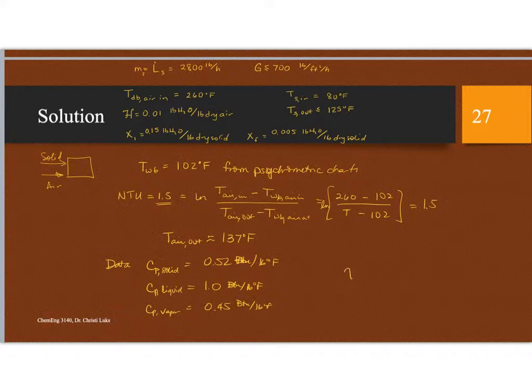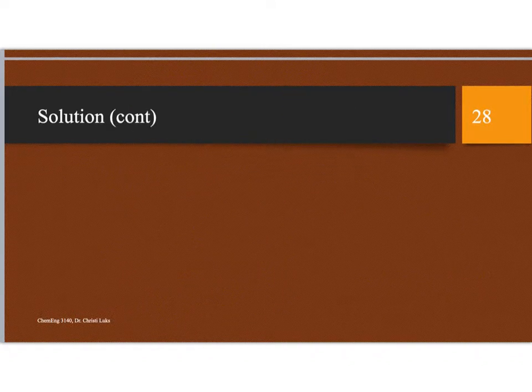Now I also am going to need heat of vaporization, and the heat of vaporization is going to be at my wet bulb temperature, so 102 degrees Fahrenheit. If I look that one up in a steam table, the difference between the enthalpy of the vapor and the liquid is 1,037 BTUs per pound. Now, can we figure out how fast the water will vaporize?